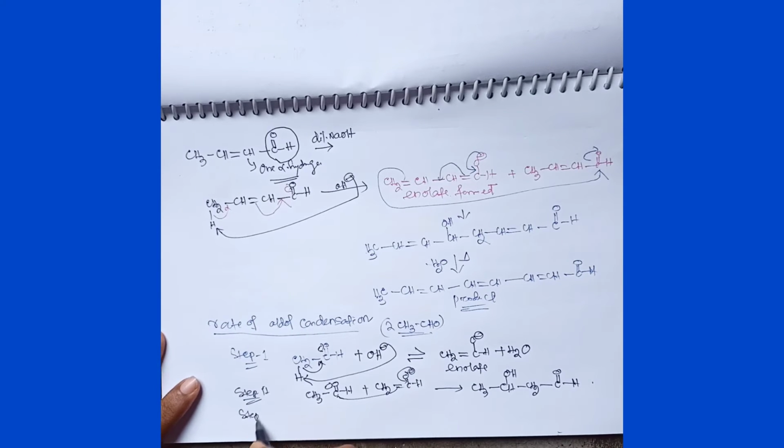And step 3: on heating of this molecule, the product will be formed, CH3 CH=CH COH. This is the product of this molecule. Now, it is the rate determining step, or slowest step of the reaction.